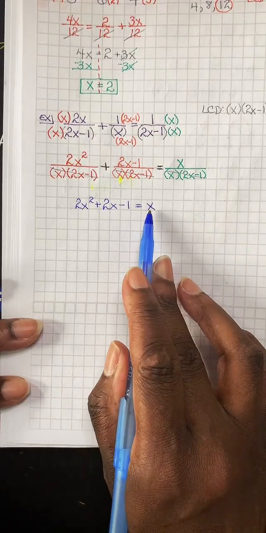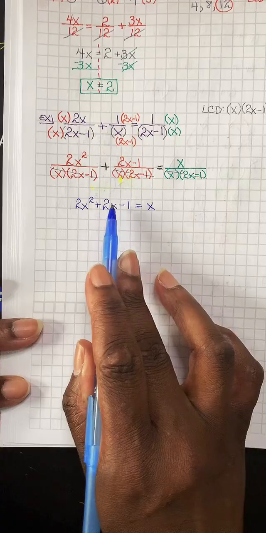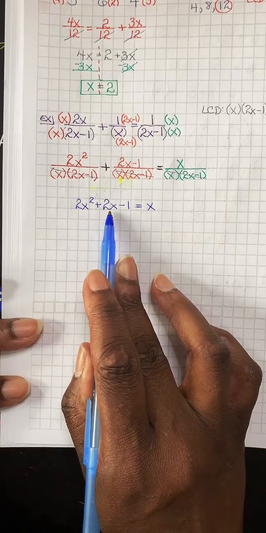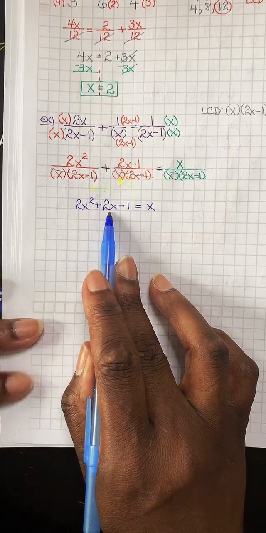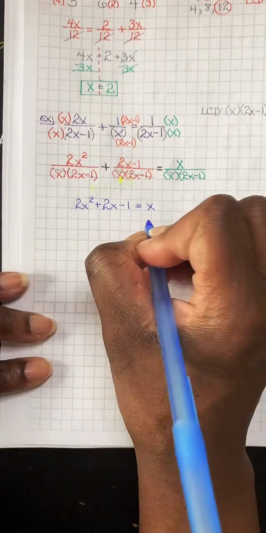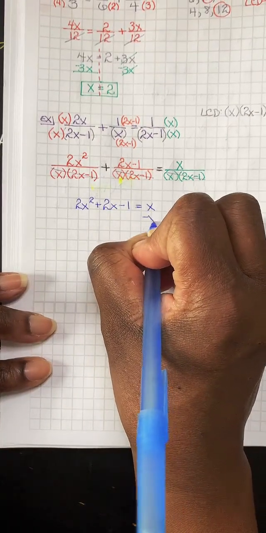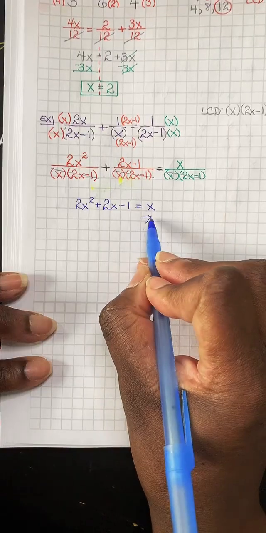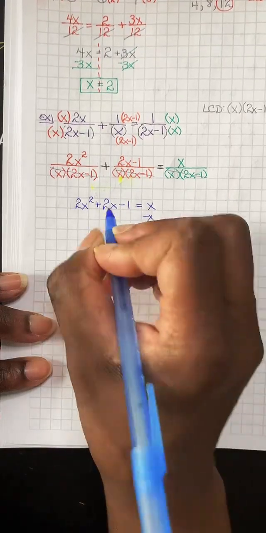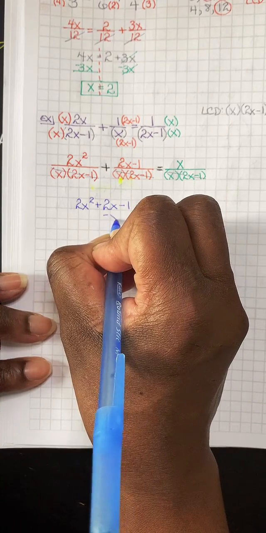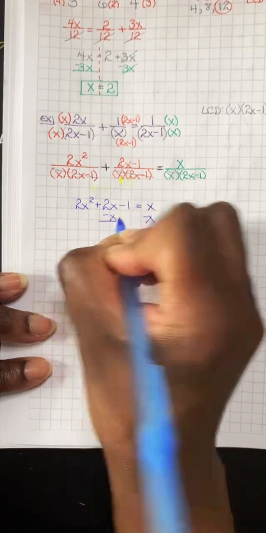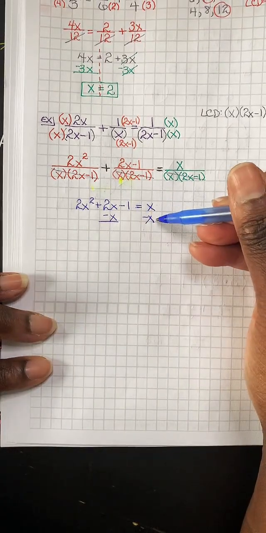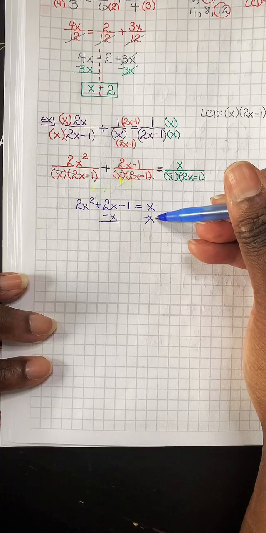So that means I need to bring this x over to join its like term with this 2x. So what I do is I'm going to subtract it. In order for me to move from one side of the equal sign to the other, I always have to do the opposite that I see. So it's a positive x, so I have to do the opposite, make it negative.